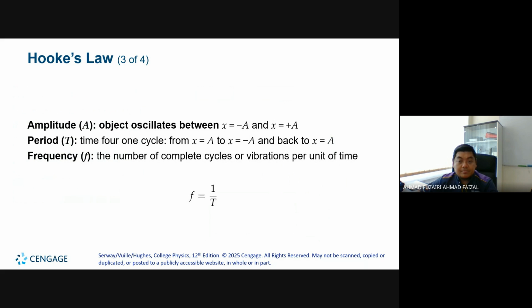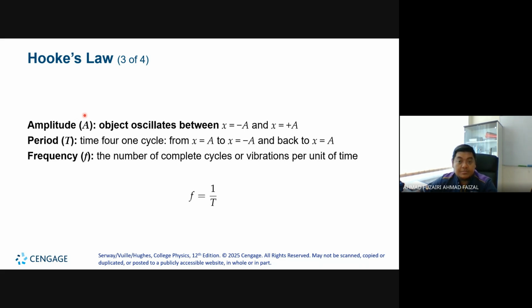Here are three basic concepts which are important when we discuss any kind of periodic motion. The first one is amplitude. The displacement we are saying now, x equals A or x equals negative A, is what we call amplitude.